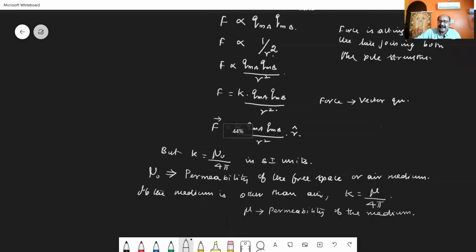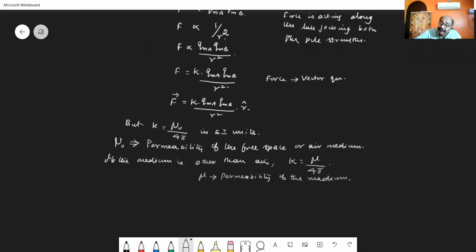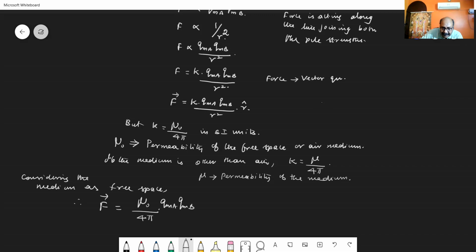But let us consider that the pole strengths are placed in air medium. So therefore, I can write F vector equal to, considering the medium as free space or vacuum or air, mu0 divided by 4 pi into QMA, QMB divided by R square into R cap.